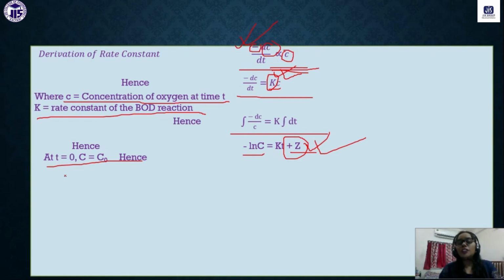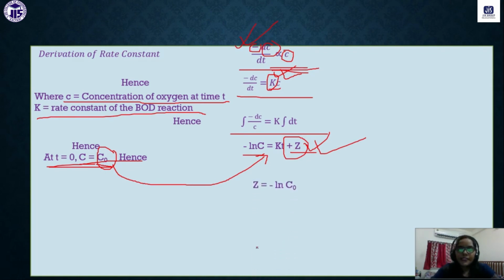While t equals 0, that means at the initial time, the concentration of oxygen we can consider as C0, so C equals C0. If we put these values into this equation, with t equal to 0 and C equal to C0, then we will get the value of z.